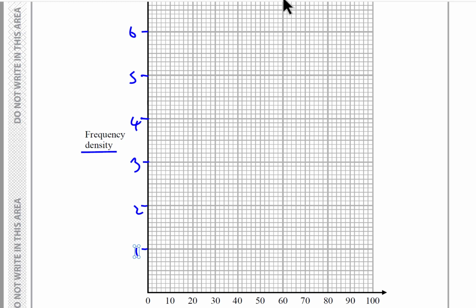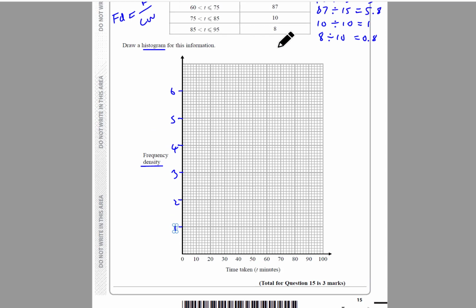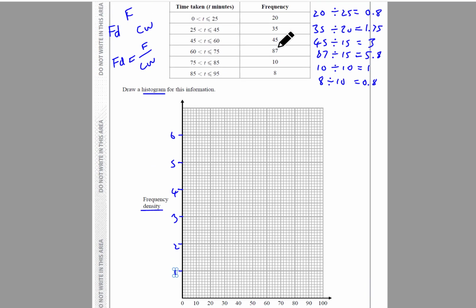I'm just going to zoom out so I can see what I wrote. So 0 to 25 is at 0.8. From 25 to 45 is 1.75.